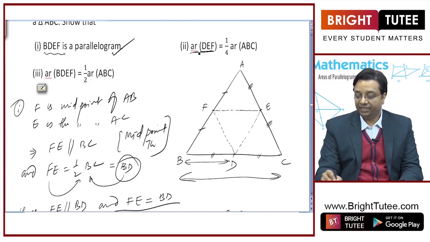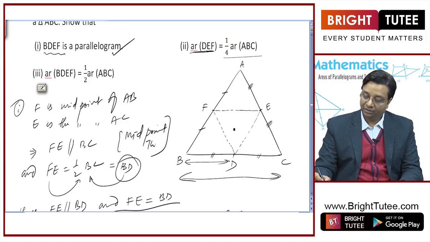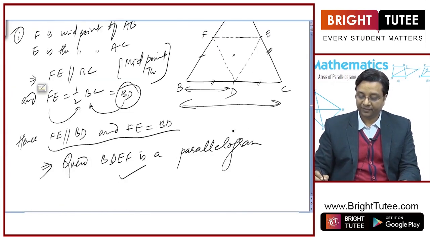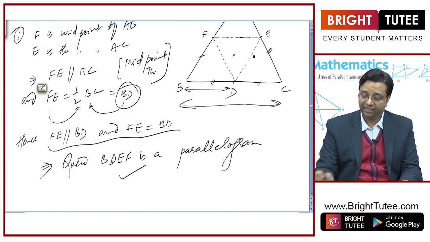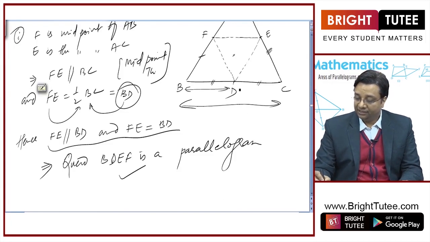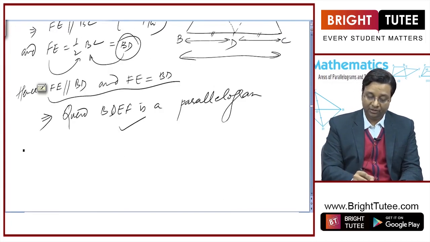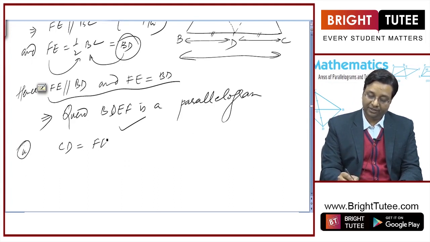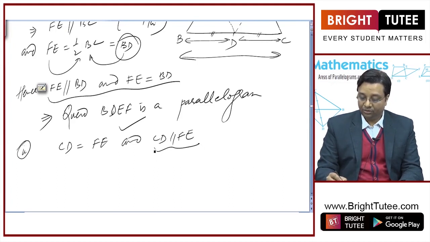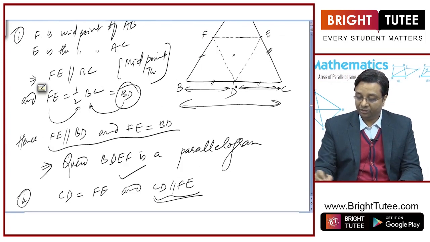Second, area of DEF is 1/4 of area of ABC. So we are talking about this area here. Now, since I have proved BDEF to be a parallelogram, CD is also equal to FE and CD is also parallel to FE. If you are wondering how is it true, because CD is a segment of BC which FE is parallel to, right?